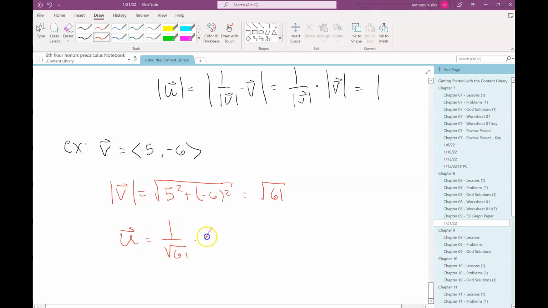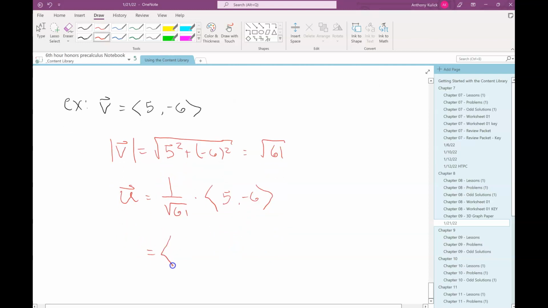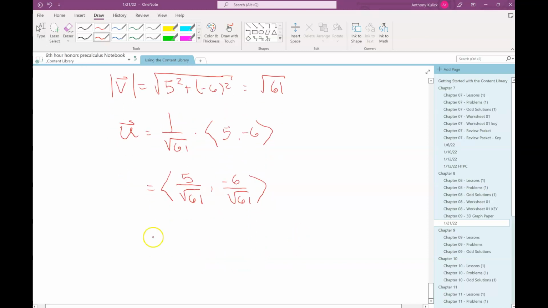So 1 over the square root of 61 times the vector 5, -6. So I do my scalar multiplication. And then I'm going to rationalize my denominators. There's my answer.